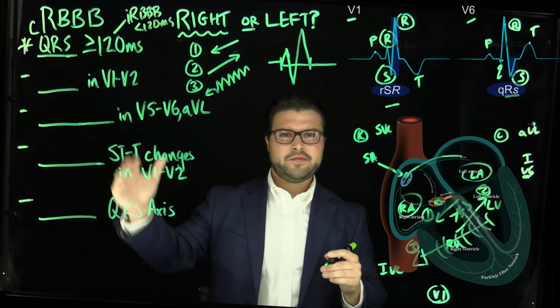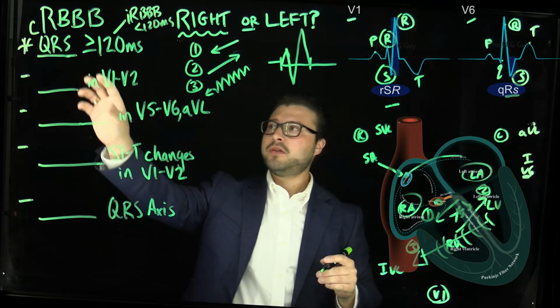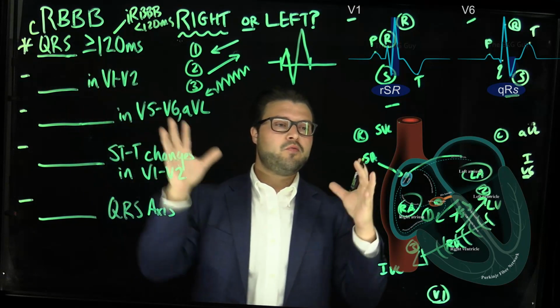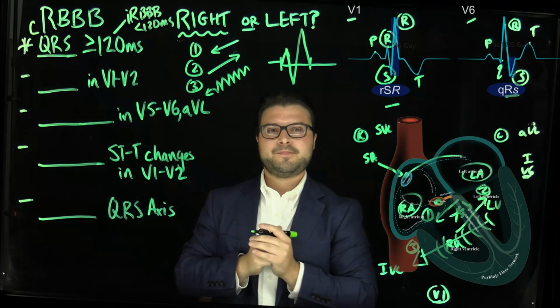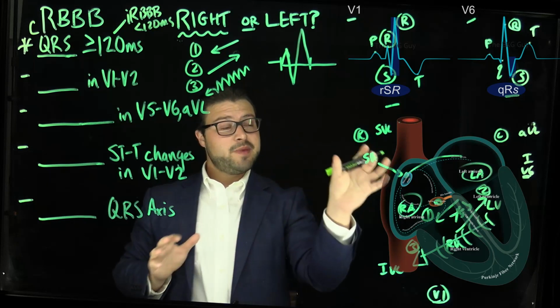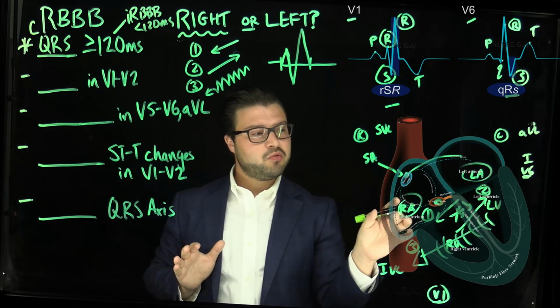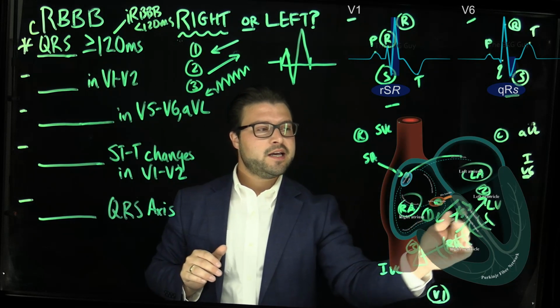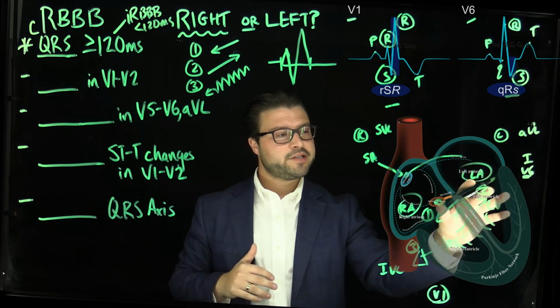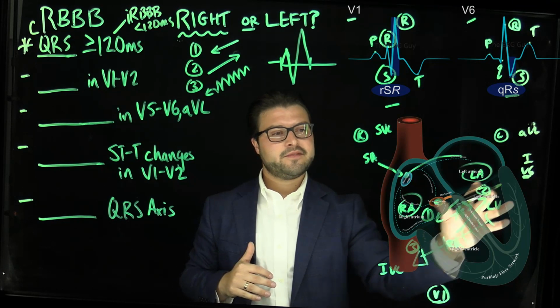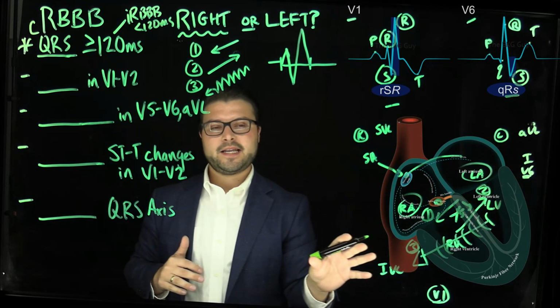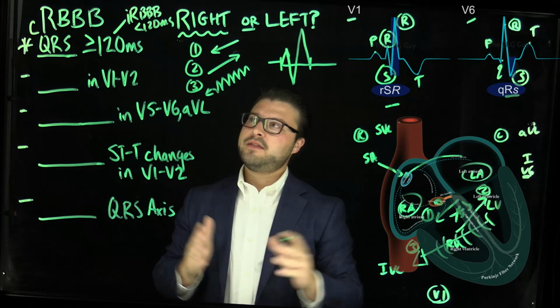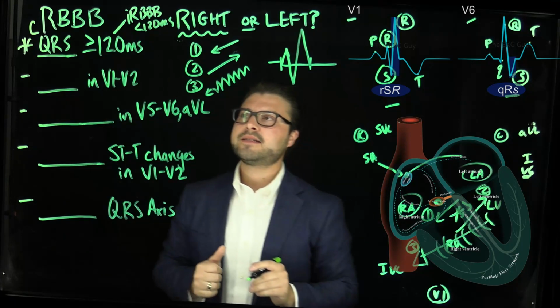So if you see complete versus incomplete, the only thing separating them is the width of that QRS complex. And it should make sense why the width is prolonged. We said that conduction could not come down this right side, so that later terminal force is slowly depolarizing from the left to the right side, and that accounts for the prolongation of the QRS complex.